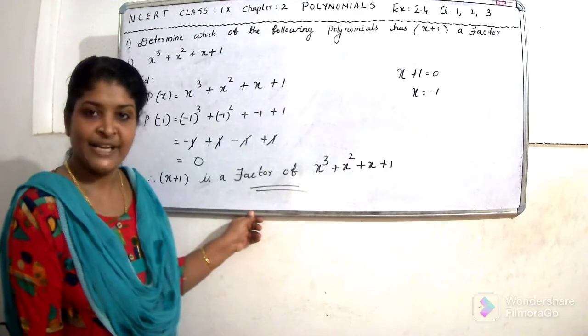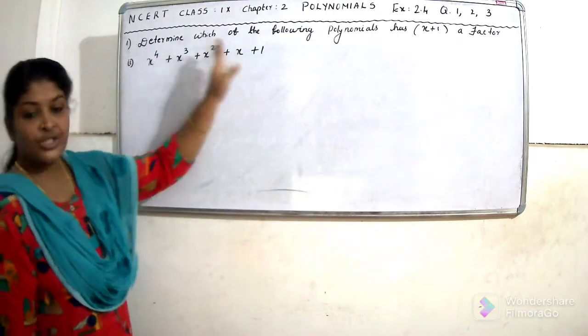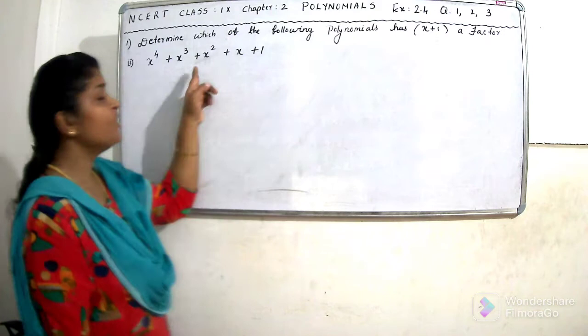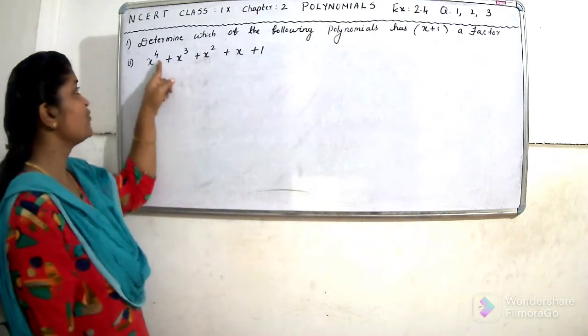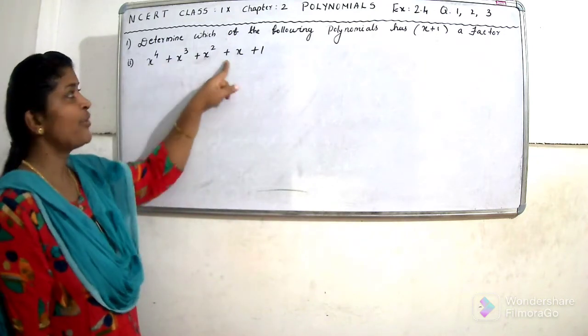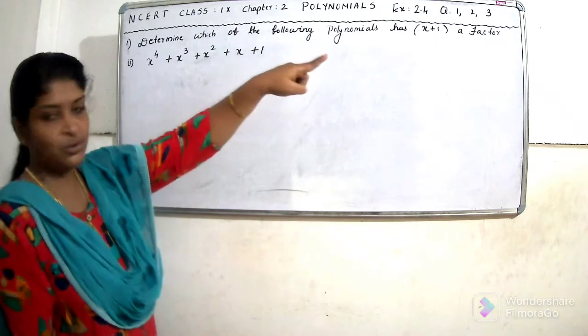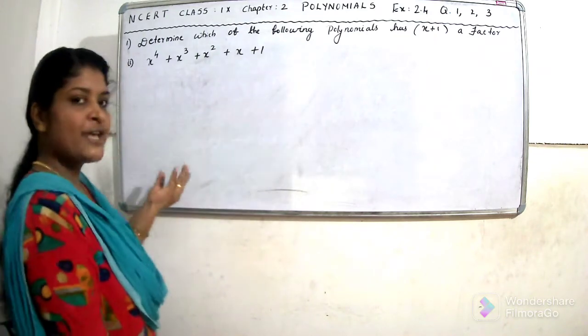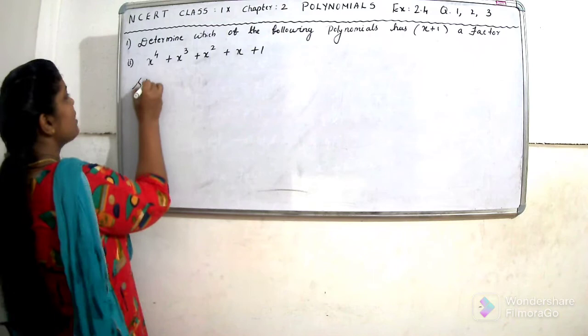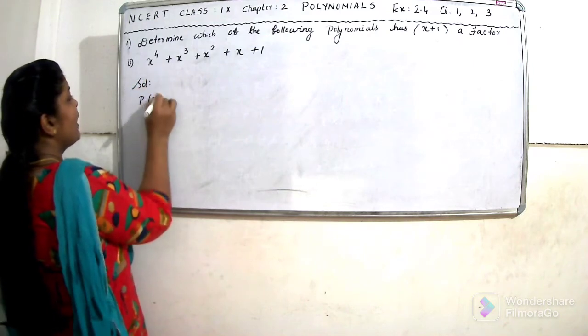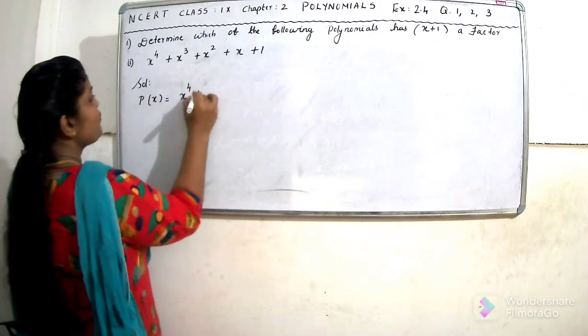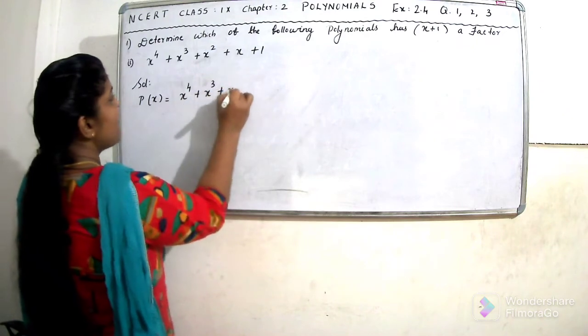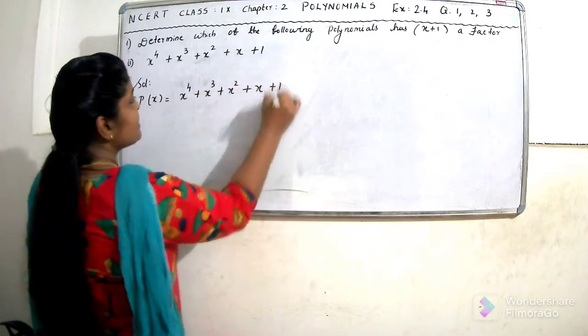Now move on to the second one. The question pattern is the same, only the dividend is changing. x raised to 4 plus x cube plus x square plus x plus 1. In this we have to check whether it is a factor or not. So the same process, we are starting the solution. P of x is equal to x raised to 4 plus x cube plus x square plus x plus 1.